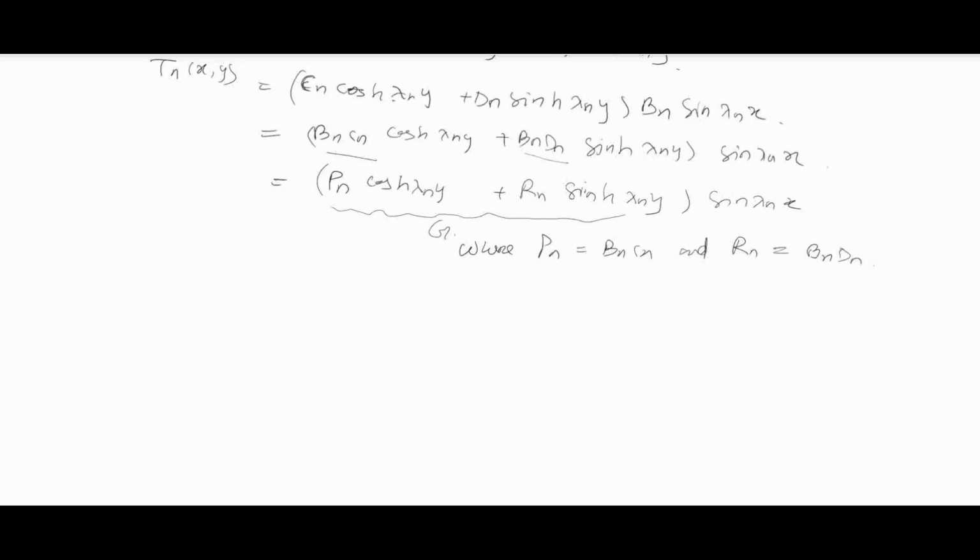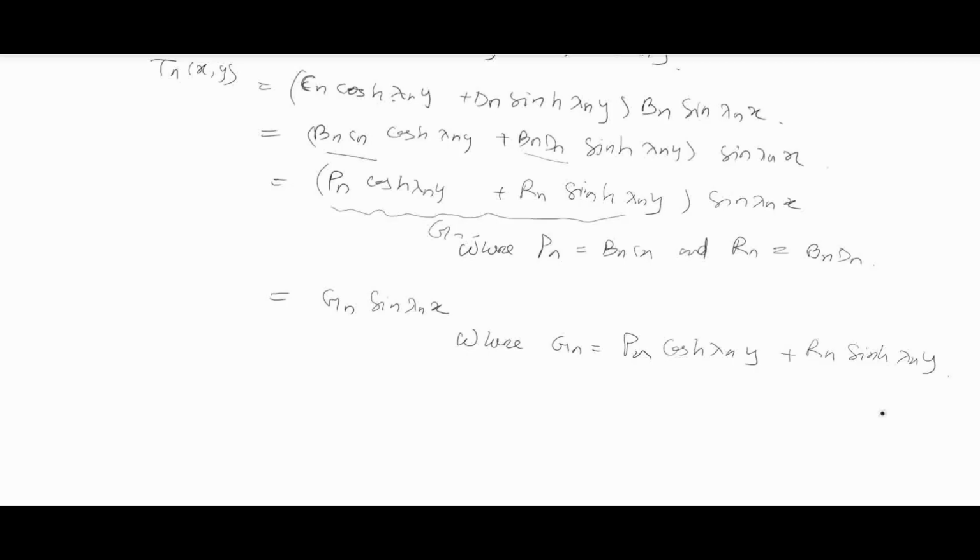Let us take this whole term as gn. So Tn(x,y) can also be written as gn sin(lambda n x), where gn is equal to pn cosh(lambda n y) plus rn sinh(lambda n y).